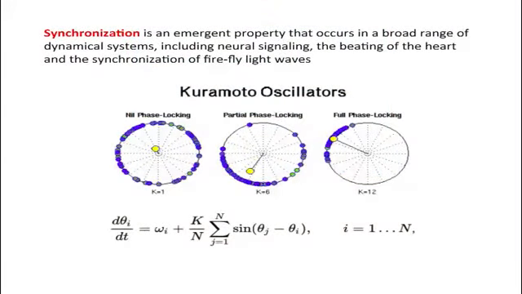Okay, so we're talking about synchronization. Maybe a few lines were taken from Wikipedia or something like this. There is a broad range of dynamical systems, including neural signaling, beating of the heart, synchronization of firefly flight, and so on.